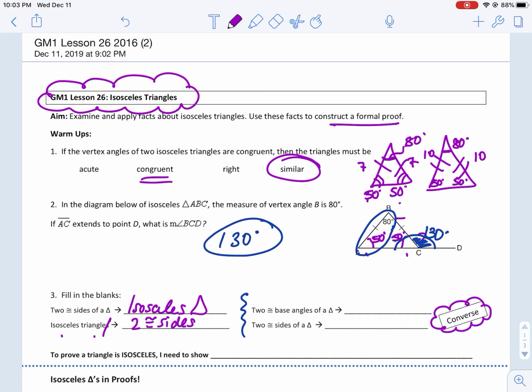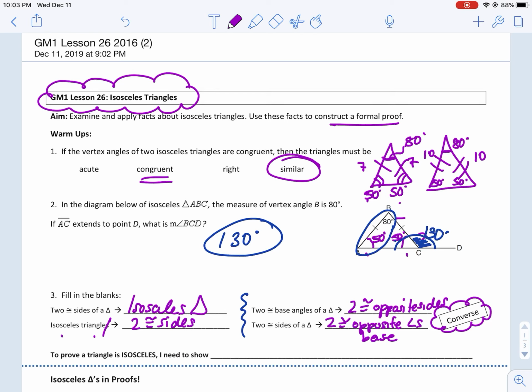Similar idea. If you have two congruent base angles of a triangle, you can get two congruent opposite sides. And then again, the converse: if you have two congruent sides of a triangle, you can get two congruent opposite angles. You can also say base angles there.